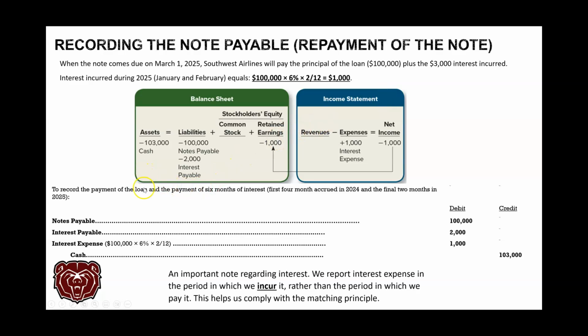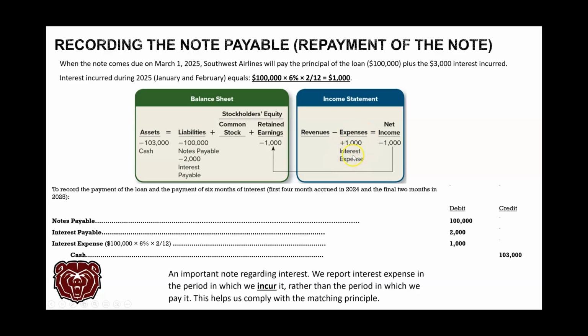We're going to decrease our notes payable liability because we're paying it off. We're finally paying it off with cash. We no longer have that on our books. We're going to decrease the interest payable because, again, we're paying that off. Notice it's for only $2,000. That's the only payable for interest we had.